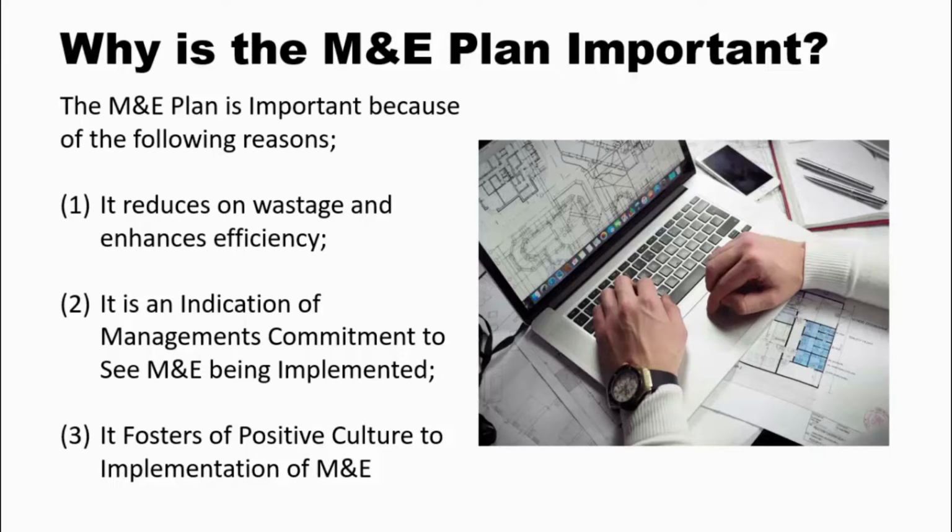Even in the donor's eyes, they don't like to spend, believe you me. But if they're spending, the results that you achieve should be way over the top. So what the M&E plan does is ensure that whatever activities we are doing, we are doing them effectively.